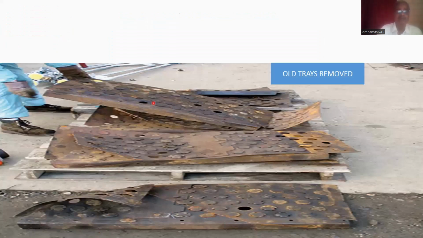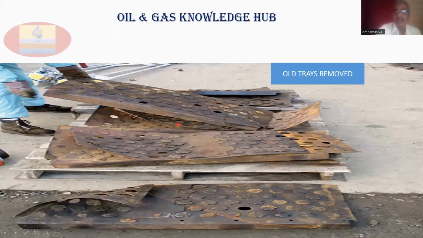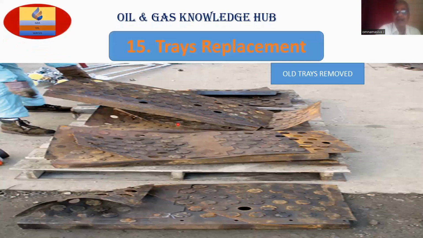During shutdown, they will unbolt all the trays and take them outside. See, a lot of bulging damage on the tray. The old tray removed looks like this.